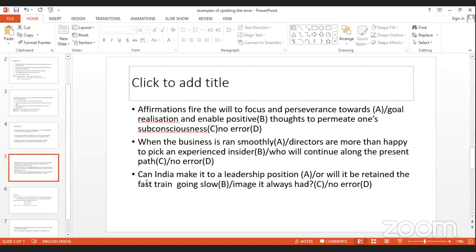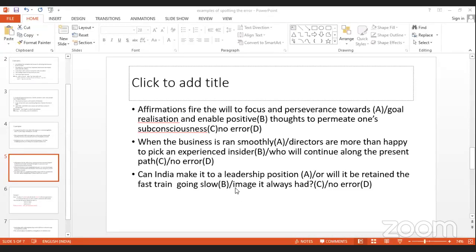What is the answer? Where is the error, in A, B, or C, or is there no error? C, okay. Ansh, Rudresh, Dalas. Yes, you have said the error is in C. Very good.